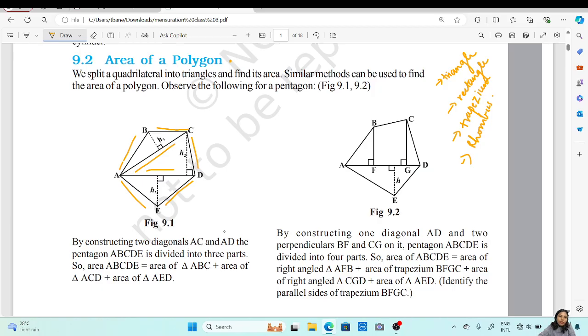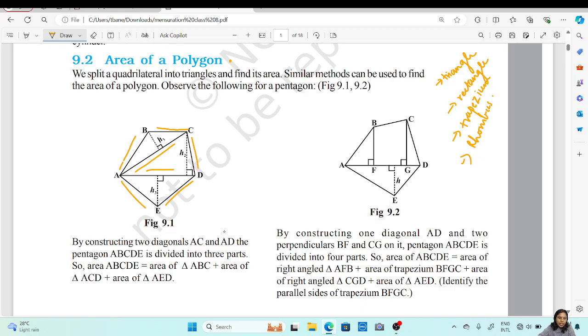If we further divide it, we'll even get a right angle triangle. Again, here if we divide, we'll get two triangles, and this part also if we divide, we get a right angle triangle. By constructing the two diagonals AC and AD, the pentagon ABCDE is divided into three parts.